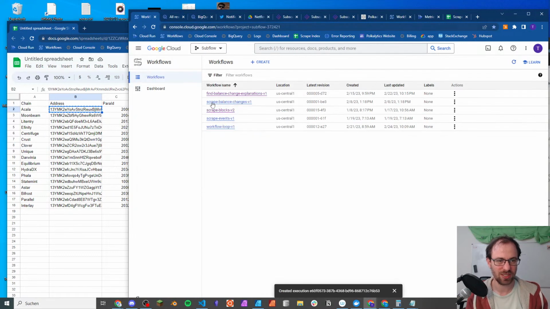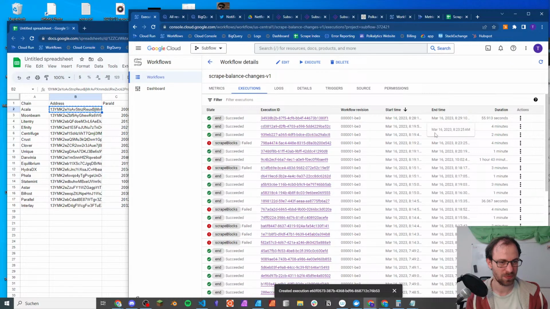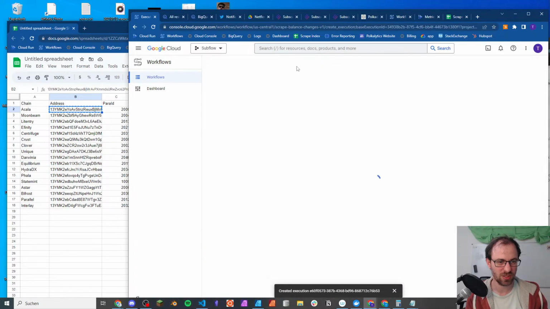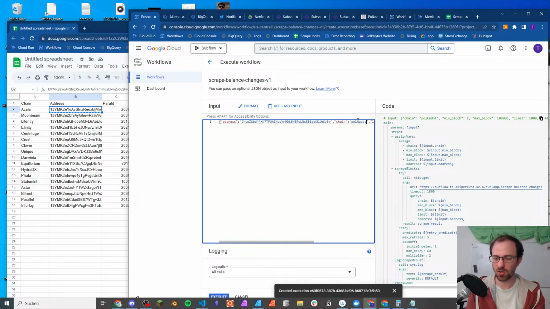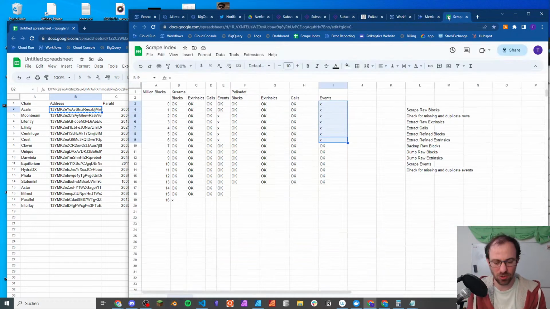What I can do here is scrape some balance changes, putting this task in for a chain called Polkadot. It would also be nice to have a full history, so I would task it to go through all of those blocks and grab all historical balance changes off the chain. But maybe I'm going to wait until my scraping is completed, and then do this job.